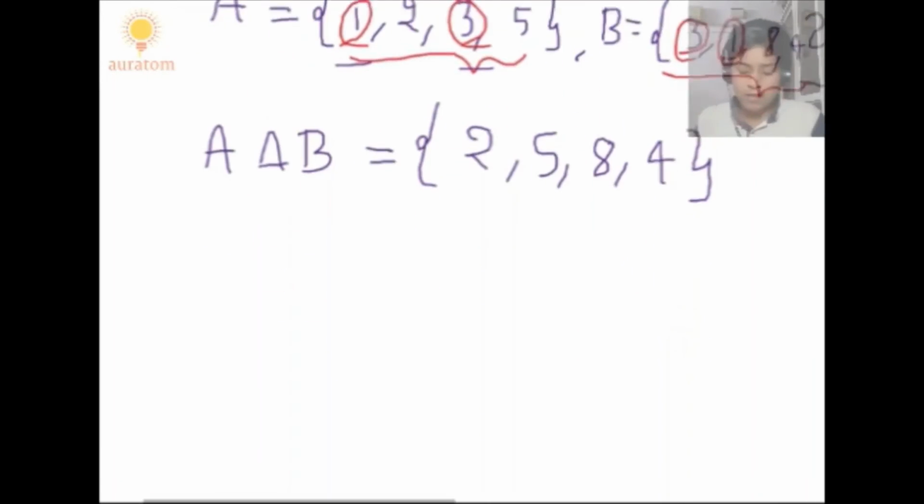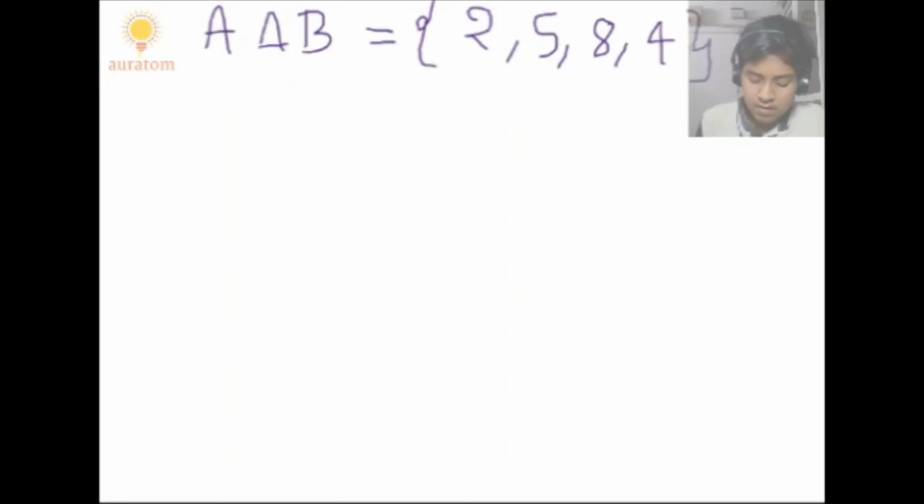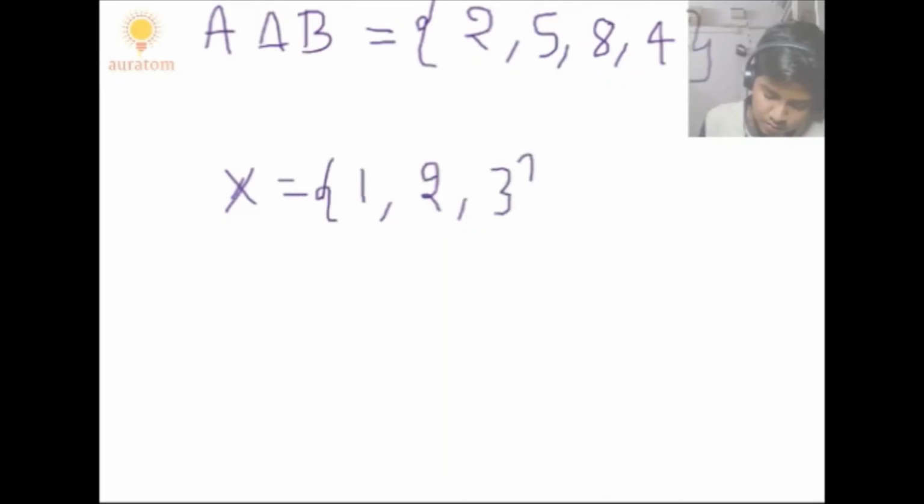Let's take another example. Let's name these x and y. Let's take x to be 1, 2 and 3, and let's take y to be 3, 4, 5.